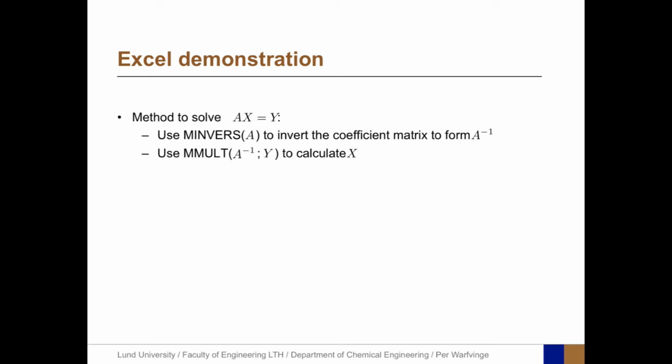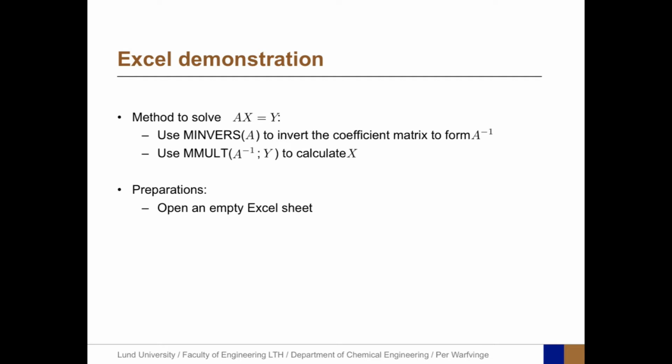How is this done in Excel? What we want to do is to mimic Ax equals y, and then we need two functions that are built into Excel. One is MINVERSE, which is used to inverse a matrix, and the second one is MMULT, which is used to multiply matrices by each other.